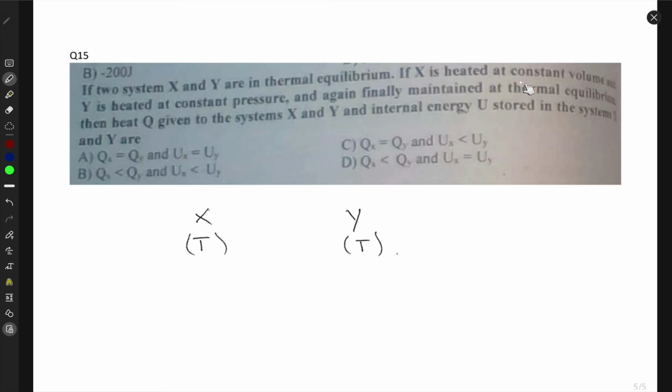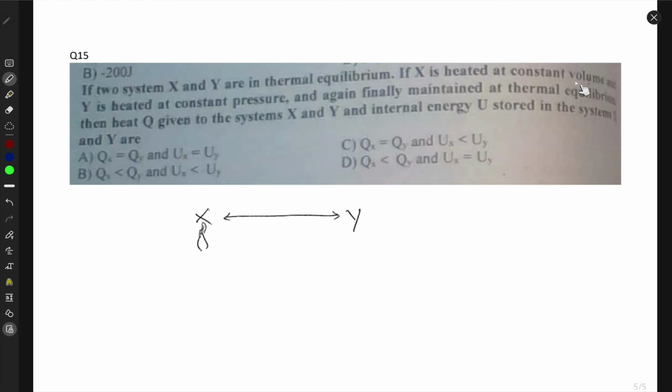So if X is heated at a fixed volume, we are heating X now, right? If they're maintained in thermal equilibrium, so there might be some contact between these two, and now you heat X, you apply some flame to this thing, and volume remains constant.